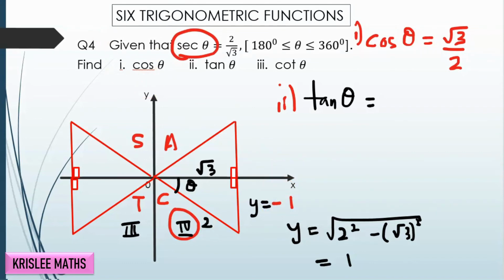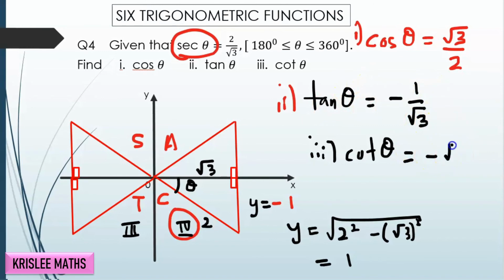Tangent will be opposite over adjacent, so we have negative 1 over square root of 3. The third question asks you to calculate cotangent theta, the reciprocal of tangent. Just invert this value and you will get negative square root of 3. With that we have completed question 4.